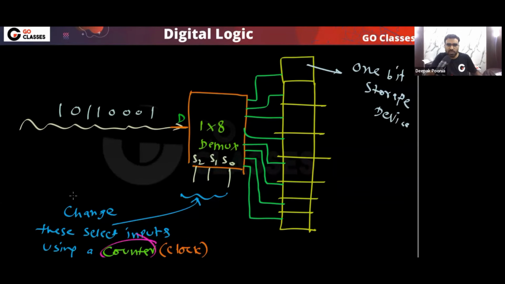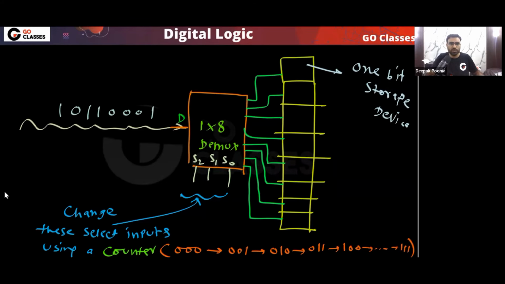What is a counter? Let me tell you. A counter will start from 000, then go to 001, then 010, then 011, like that. I can change the select inputs with the help of a counter, which goes 000, 001, 010, 011, 100, and so on up to 111.